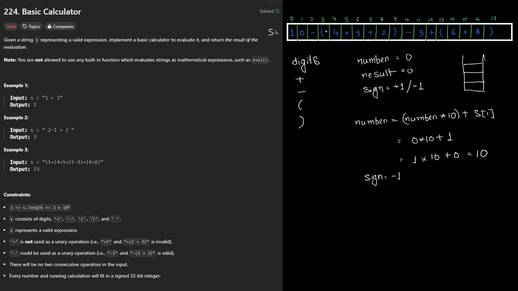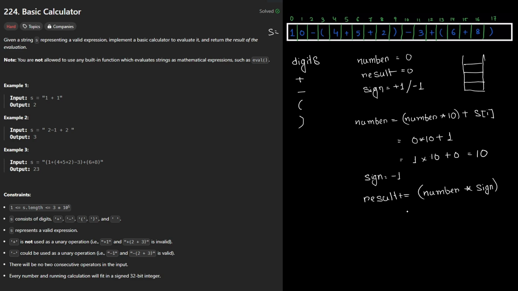So whenever we're getting a bracket, what we're going to do is add the current result and sign to the stack. There is also one more thing to be added here. Once we are getting a sign, whatever value we have in number, we are going to add that value to our result. So it would be something like result plus equal to number multiplied by sign.